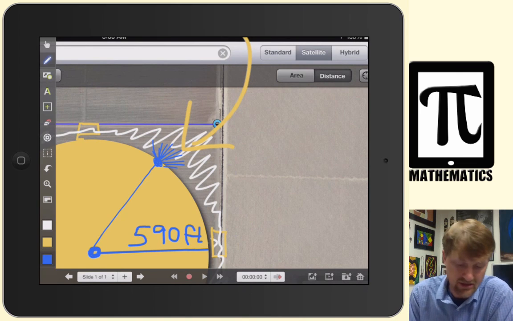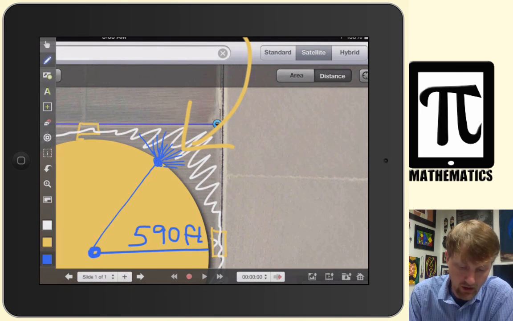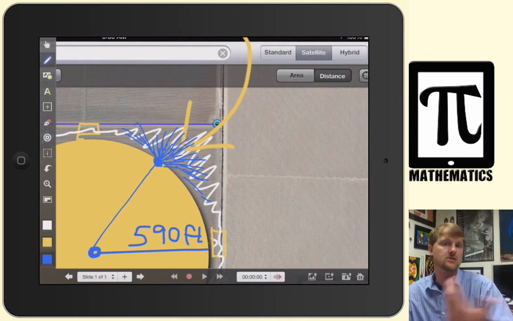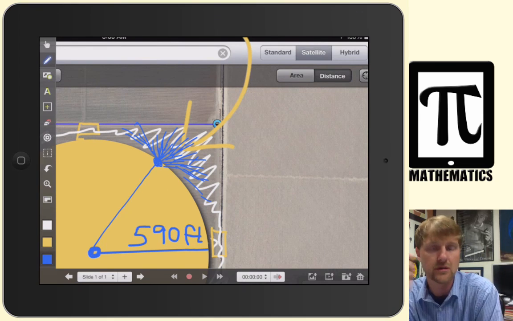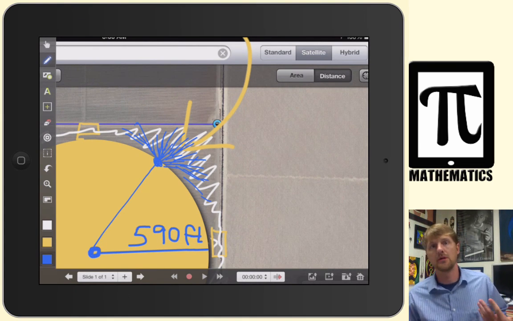Of course, this isn't the most ideal. Not all of the property is being irrigated or watered as much as it needs to be watered, but it does serve a purpose. It does allow for getting most of that property watered.